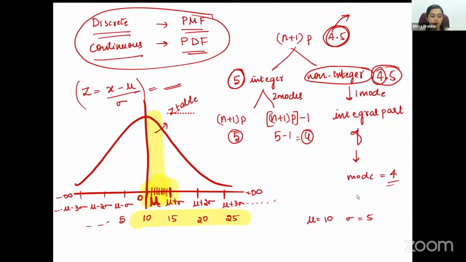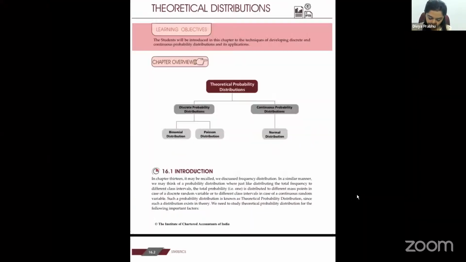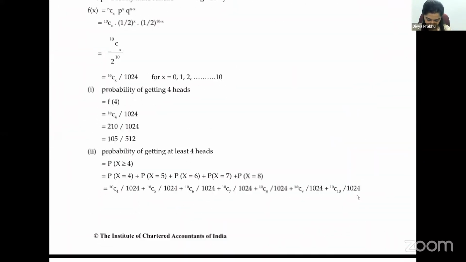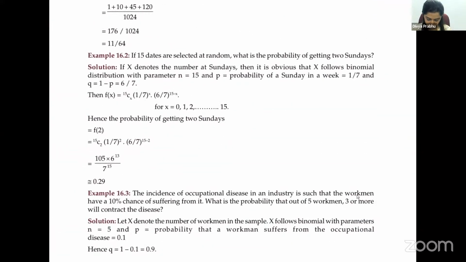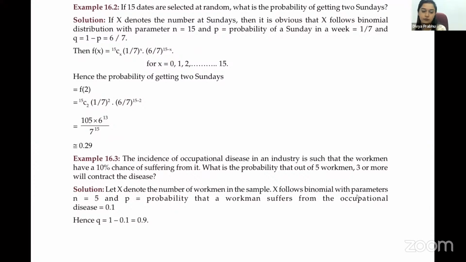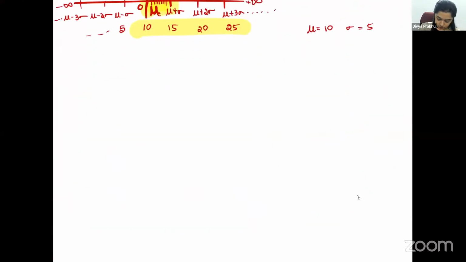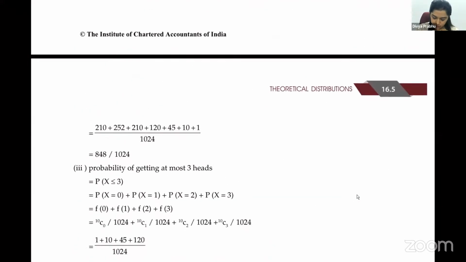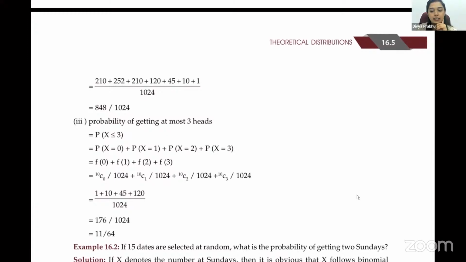We'll solve a couple of questions in this and then proceed. So, come to example number 16.2, which is page number 16.5 of the chapter Theoretical Distributions.